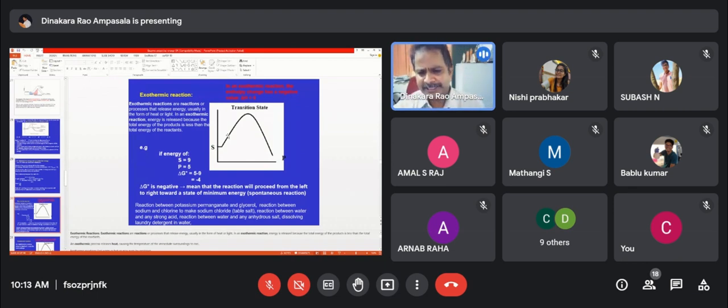A good example: if you take a little laundry detergent in your hand, pour some water and rub a little bit, you can feel some heat on your palm. So these are exothermic reactions.